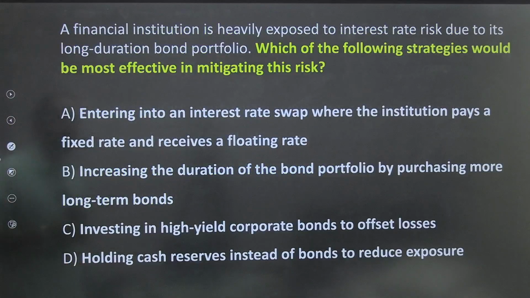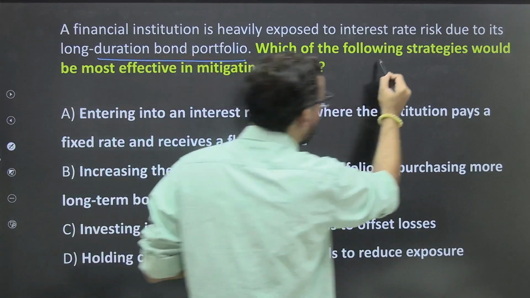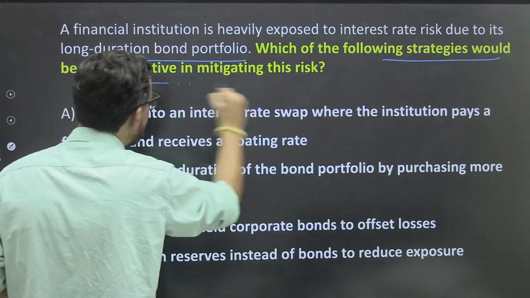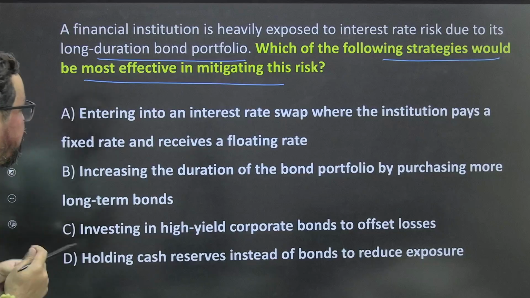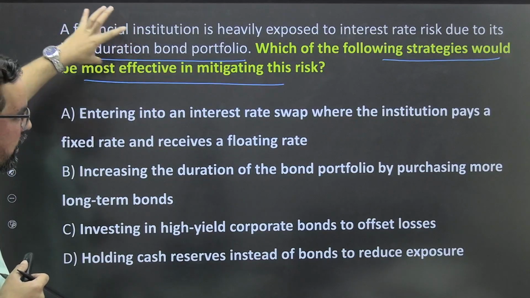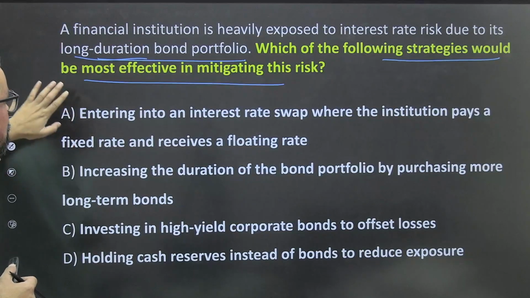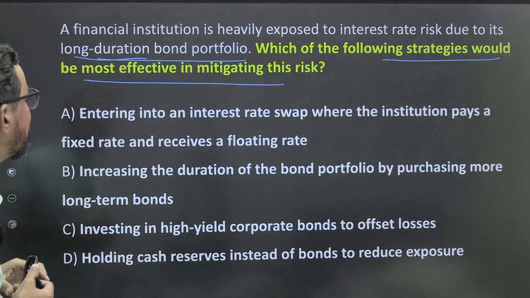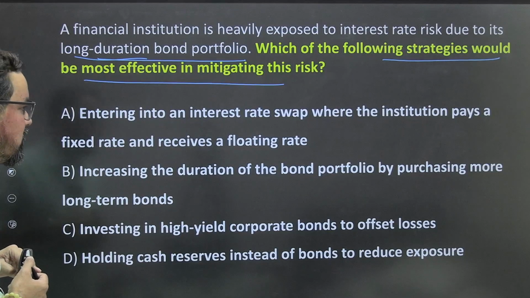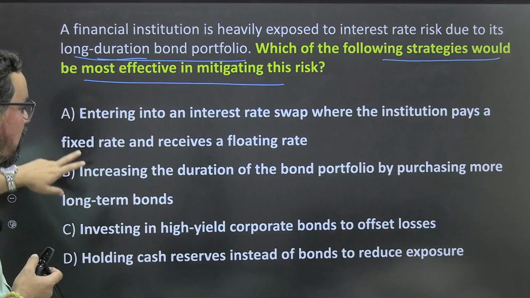Next one. A financial institution is heavily exposed to interest rate risk due to its long duration bond portfolio. Which of the following strategies would be most effective in mitigating this risk? Entering into an interest rate swap, where the institution pays a fixed rate and receives a floating rate.